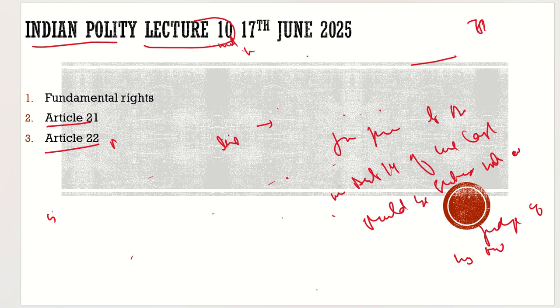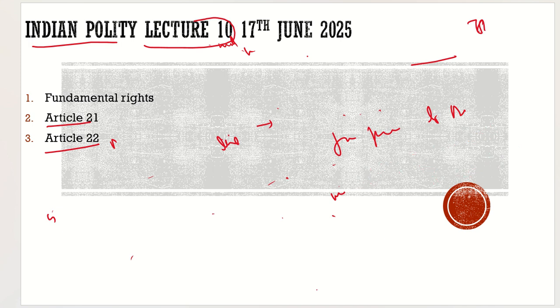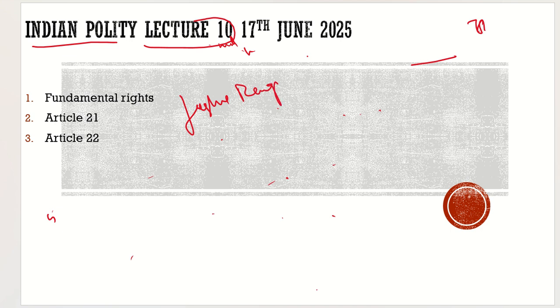Actually in today's daily current affairs, we discussed an article in The Hindu newspaper which was talking about how we are serving the justices, not the justice. And in that article, this example was also highlighted about Justice Ranjan Gogoi. What is the story behind him? Let's try to analyze that.